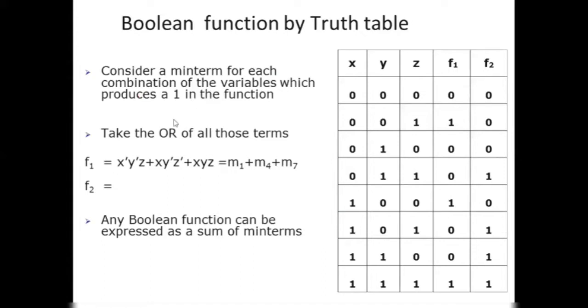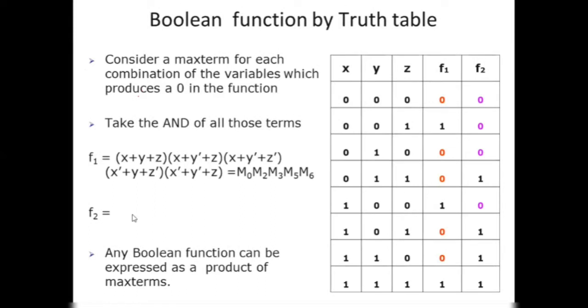So F1, you can take all of these terms, x dash y dash z, x y dash z dash, x y z. You have to take each and every term and write the corresponding value here. So any Boolean function we can express as a sum of min terms like this.